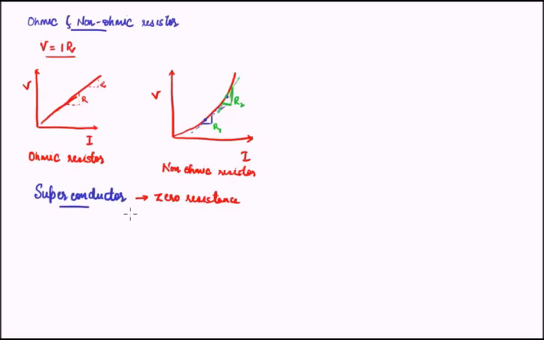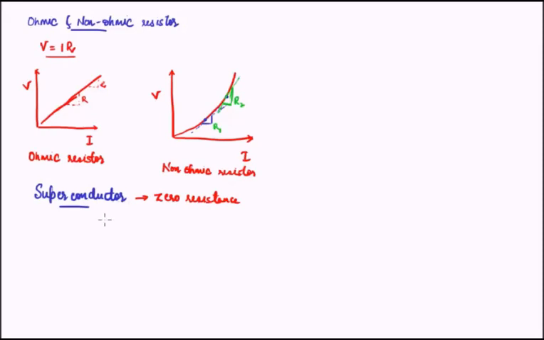Experimentally it has been found. But the catch is that the conditions under which a superconductor can be obtained is normally very, very low temperature. So a material normally becomes a superconductor at very low temperature. I will show you some examples under which a material becomes a superconductor.